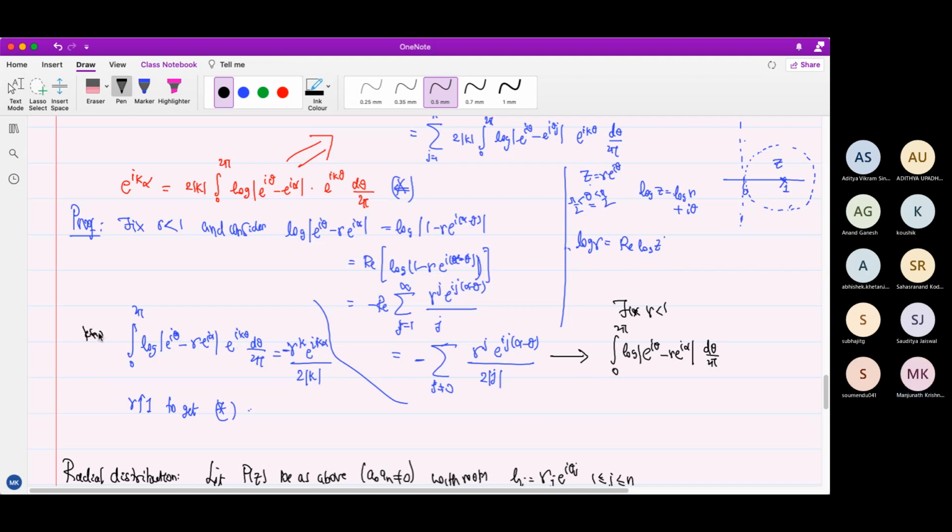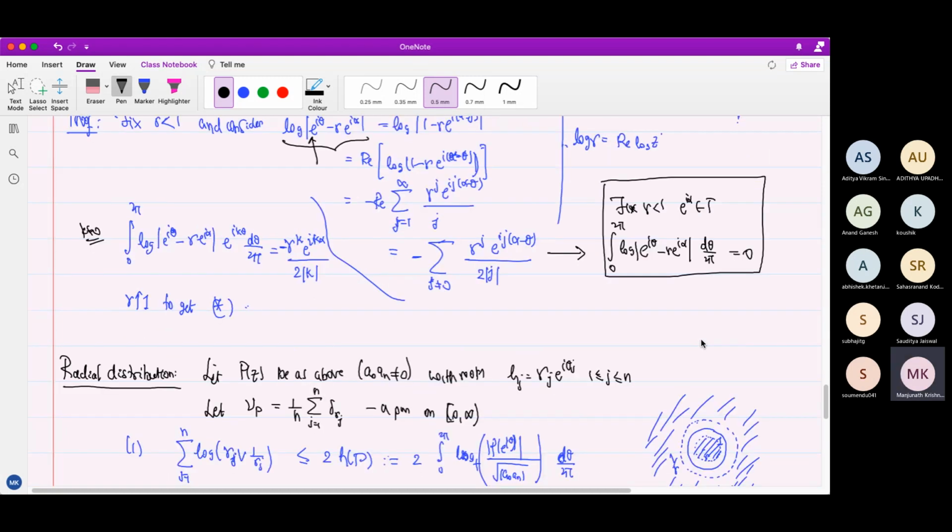But suppose I want to take the k equal to 0 term. There is no k equal to 0 term. The 0th Fourier coefficient of this is 0. If you look at this function as a function of e to the i theta for fixed r less than 1 and fixed alpha, there is no constant term, which means this integral is actually 0. So you fix any r less than 1 and e to the i alpha on the unit circle, this is 0. You agree?